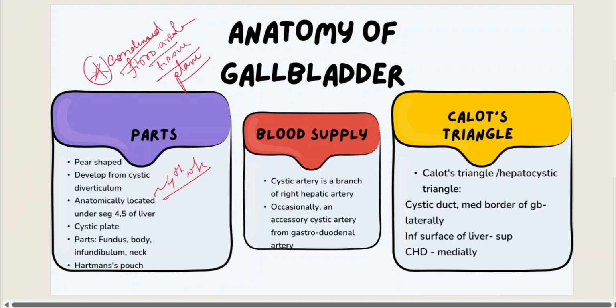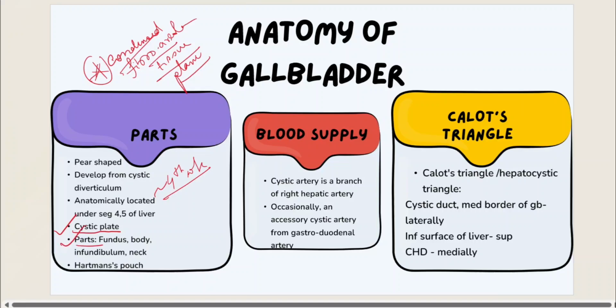During dissection of the gallbladder in open or laparoscopic cholecystectomy, if we stay in this cystic plate, then bleeding will be minimal, and the chances of injury to important structures, blood vessels or ducts of Luschka, are least in this plane. So that is the cystic plate.